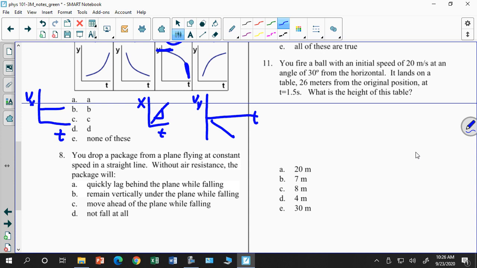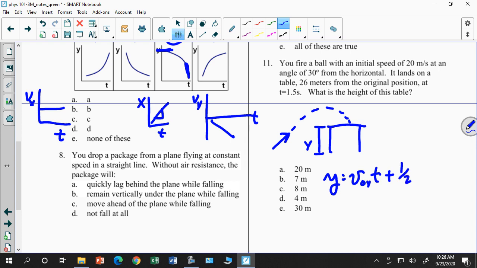All right, so I'm firing this like this, and it lands at some height. And I want to know what this height is. Because I give you the time, I can just say y is equal to v naught y t plus 1/2 a y t squared. And it's really just a matter of plugging in the values. So this is going to be 20 sine of 30. That's the y component of the velocity.